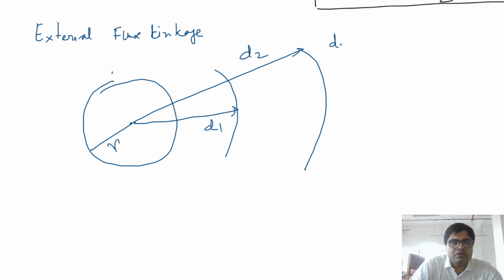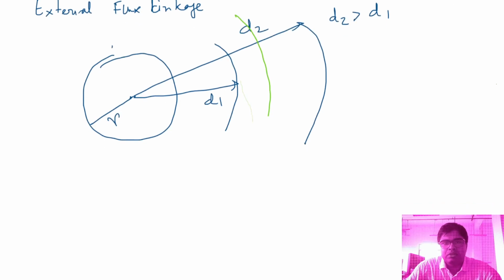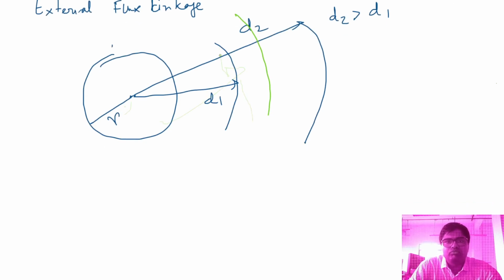Of course, d2 is greater than d1, and in between we will assume a circular shell of thickness dx, which is located at a distance x. So we shall adopt a similar procedure for this.